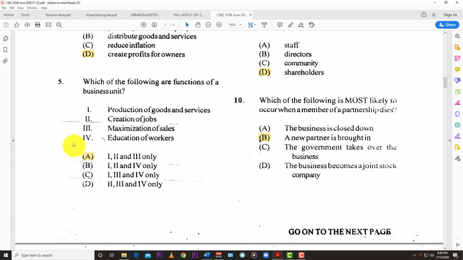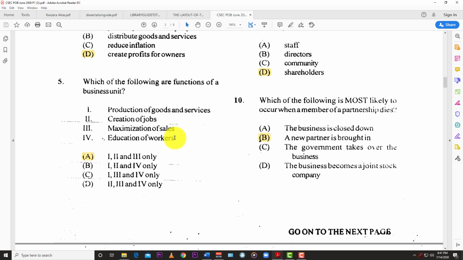So the next best thing would be one that doesn't include 4, education of workers, because it must include 1, because businesses actually have a production unit, they produce a good or service. The business also creates jobs, that's a function of business. And then they maximize sales. That's the main thing, maximize the sales to maximize the profit. And so the best answer here would be A, 1, 2, and 3.